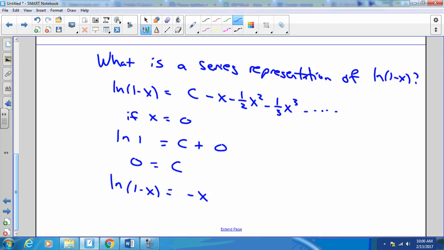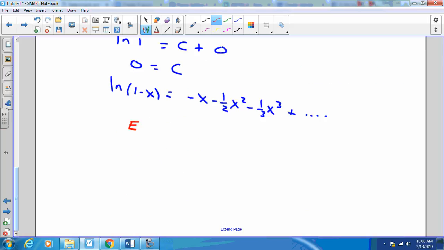And I come to the conclusion that ln of 1 minus x is negative x minus a half x squared minus a third x cubed plus nothing. This is impressive and powerful because it gives us a possible approximation tool. So, for example, suppose I wanted to use this series to estimate the natural log of 0.4. Then I can do that by, first of all, finding the value of x that corresponds, which is 0.6.